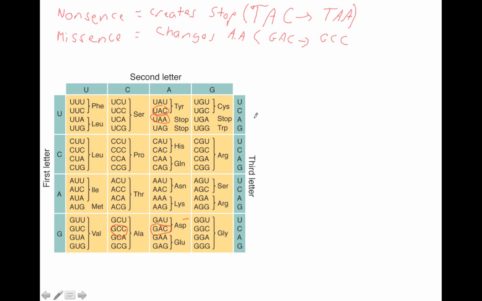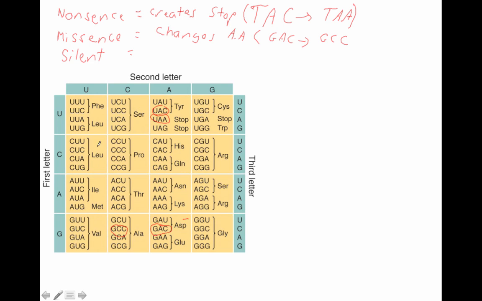Okay, so let's talk about other kinds of missense mutations that change the codon to an amino acid that is less severe. And the first one here that we can talk about is a silent mutation. So let's write silent. A silent mutation is one where you change the codon, but it doesn't change the amino acid.